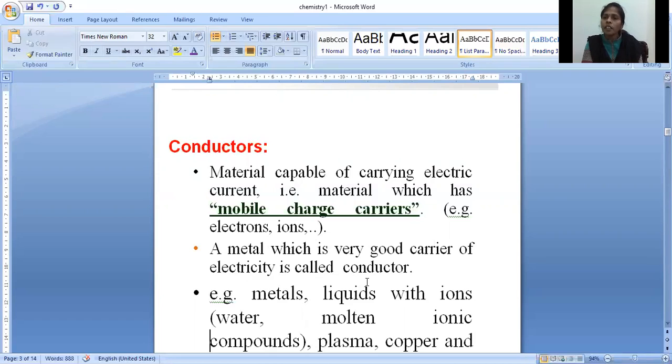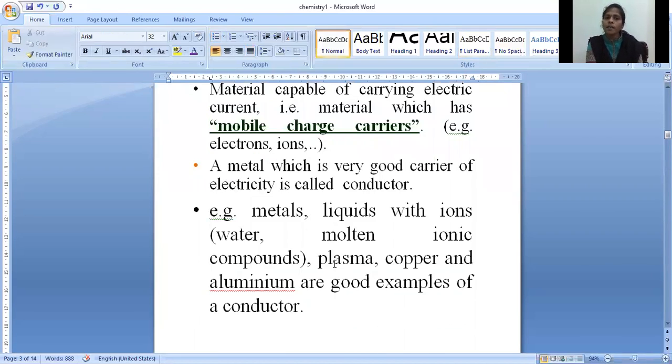Any material which is able to pass electricity is called a conductor. Let us see the examples of conductors. Examples: metals, liquids with ions. Almost all metals are able to pass electricity except mercury.